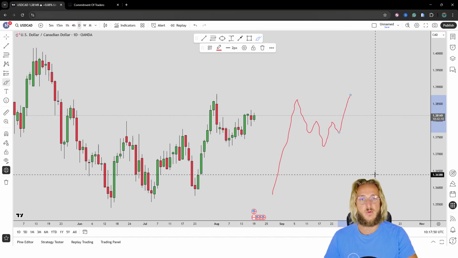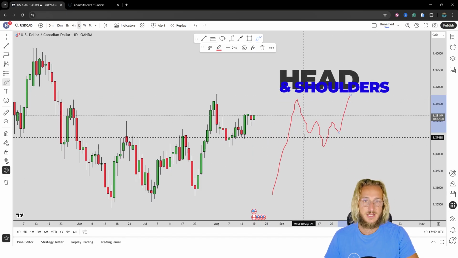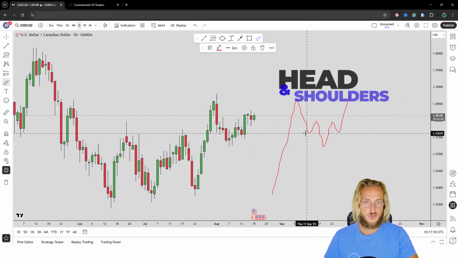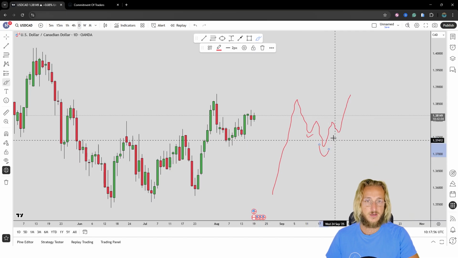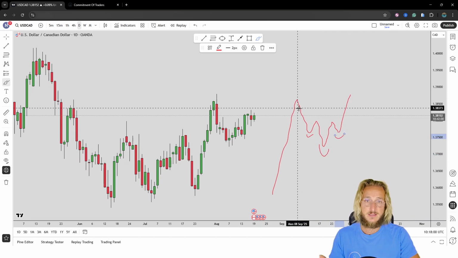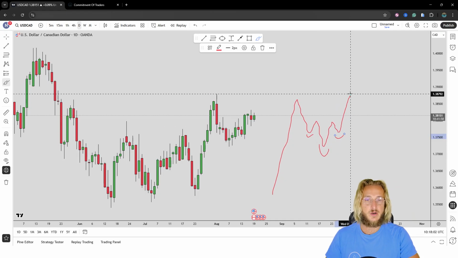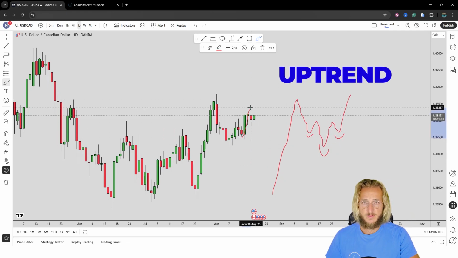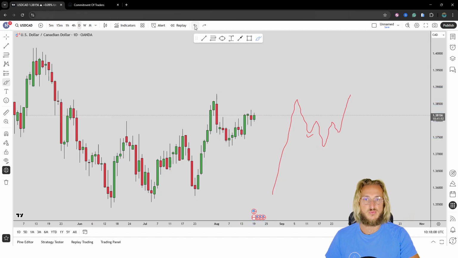And at that point, the market creates a rejection to the upside that is an inverted head and shoulders. So left shoulder here, head here, and right shoulder here, which simply means that the correction is coming to an end and the market is ready again to create higher highs and higher lows, which is in fact what the market seems to be printing here.